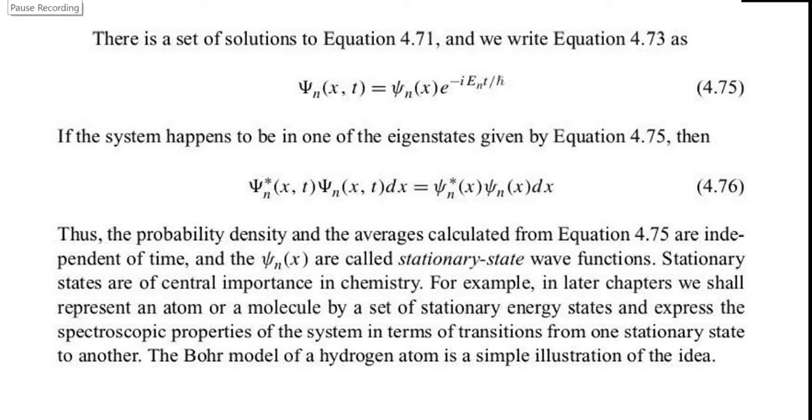If your system doesn't contain time explicitly, but you are applying the time dependent Schrodinger equation, what should you expect? The equation is time dependent, but my system is really time independent, so the result should be time independent. Even if you use the time dependent equation, finally it gives you something time independent. That's why all the average quantities, all the mod psi square, everything is time independent.